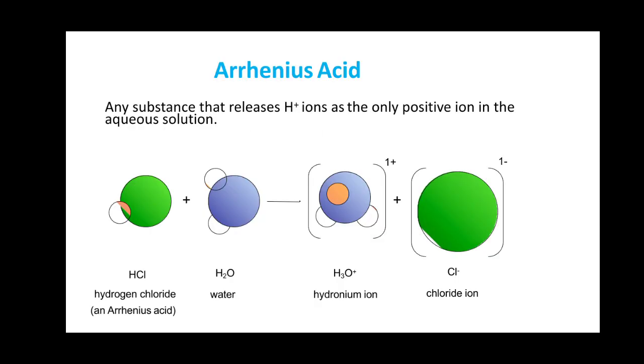So Arrhenius acids are any substance that releases H plus ions as the only positive ion in the aqueous solution. HCl reacts with water and releases H3O plus and Cl minus, that is chloride ions.